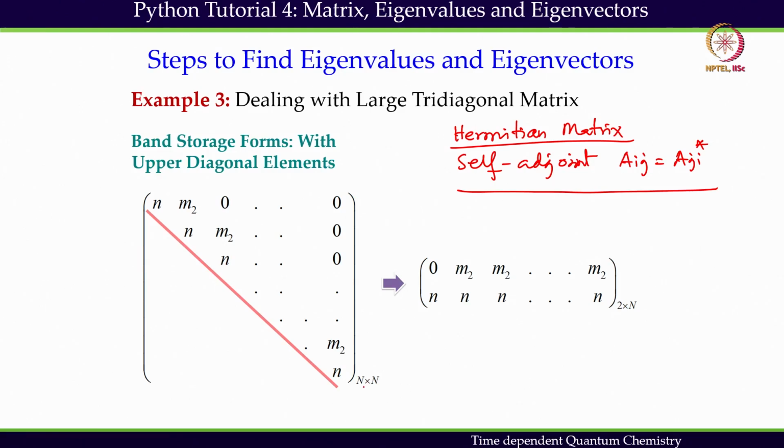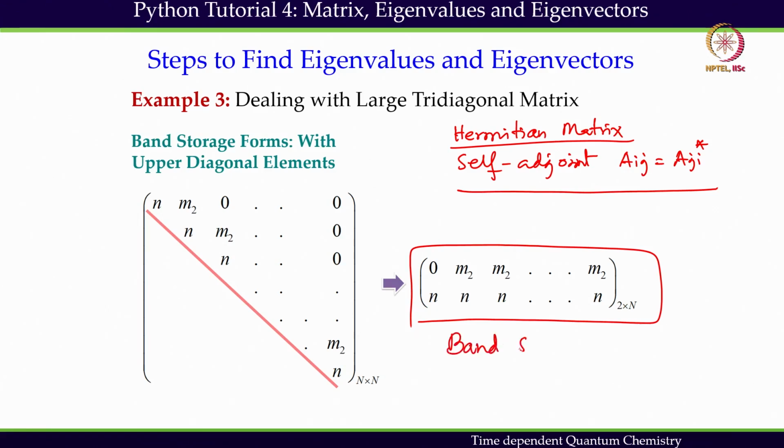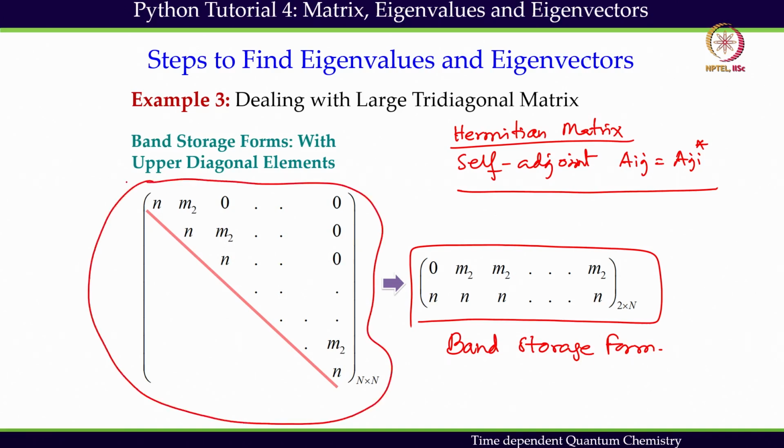due to this symmetry of a Hermitian matrix, a tridiagonal n by n matrix can be stored as a 2 by n band storage form. So, this is called band storage form. The point I am trying to make here is that instead of dealing with a very large tridiagonal matrix, one can store the entire tridiagonal matrix in its band storage form.